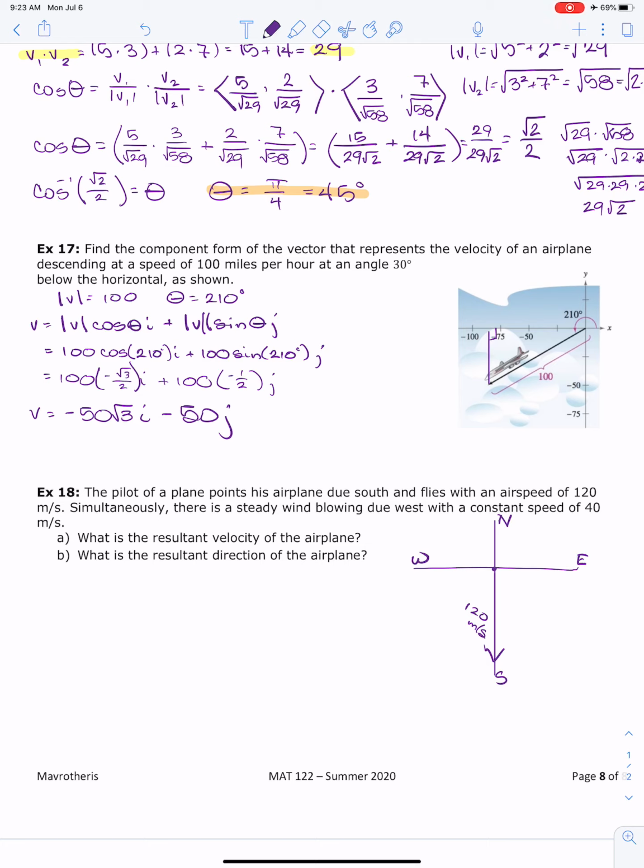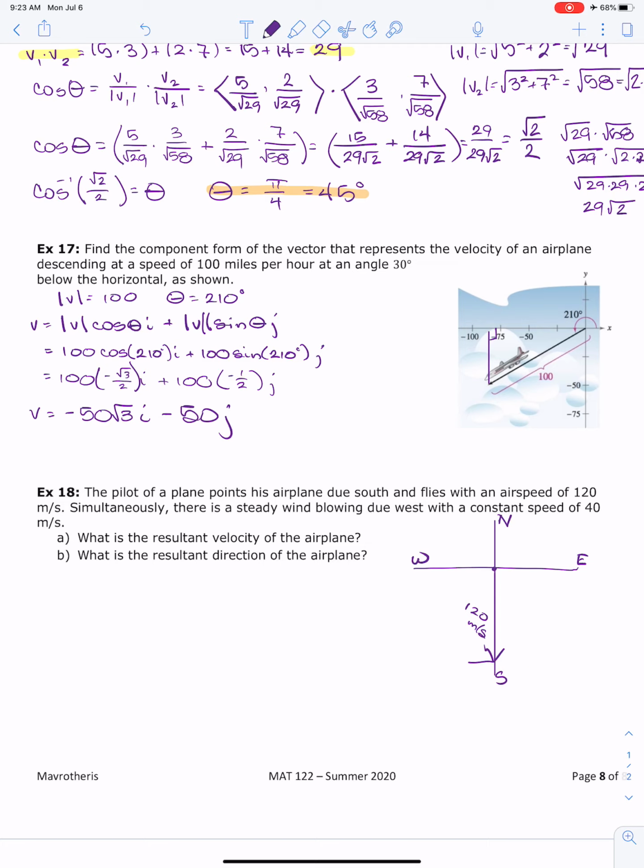Okay. We also know that simultaneously there's a steady wind blowing due west, and I'm going to go head to tail on this. Due west. Sorry, wrong direction. Good thing I labeled everything.